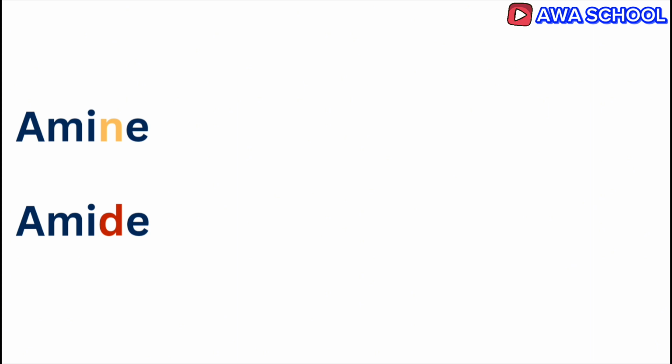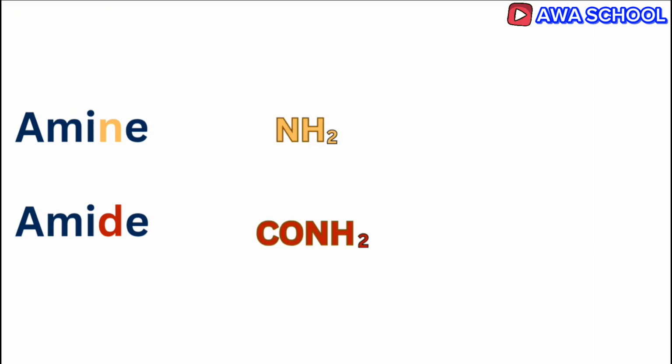Amine and amide can also be confusing. The general formula and the functional group can also be confusing. But how can we know them without cramming? Okay. Amine, amide. Okay. So look at it. Both of them tend to be like ammonia, but the amine looks more like ammonia.